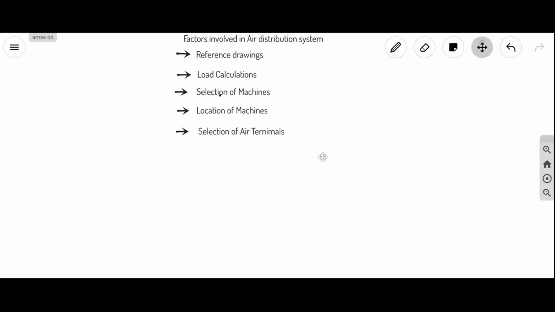Selection of air terminals. So air terminals are mainly two types.